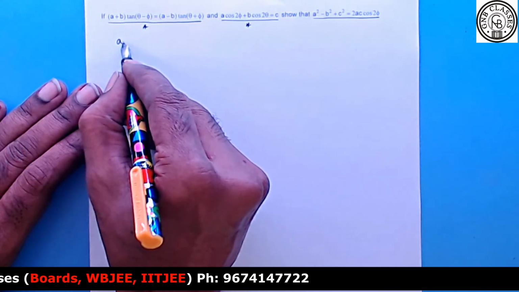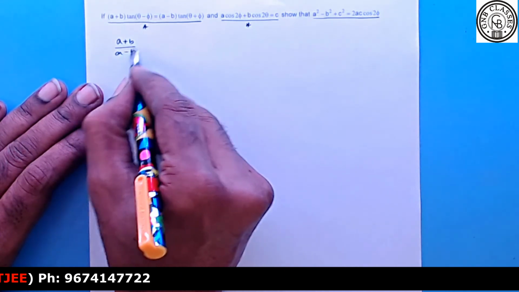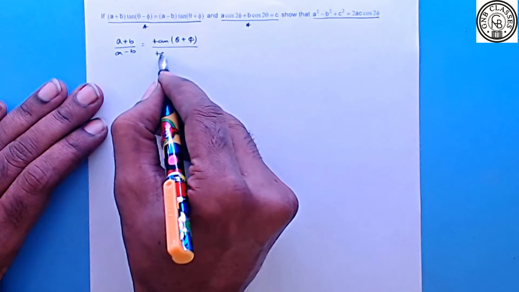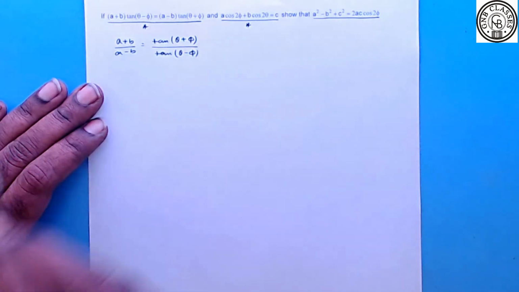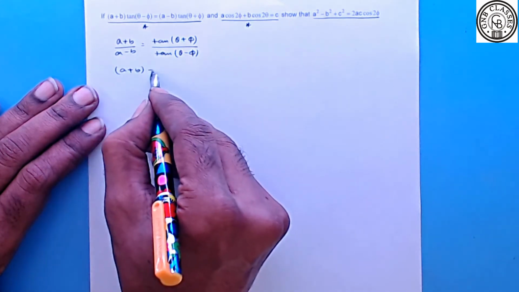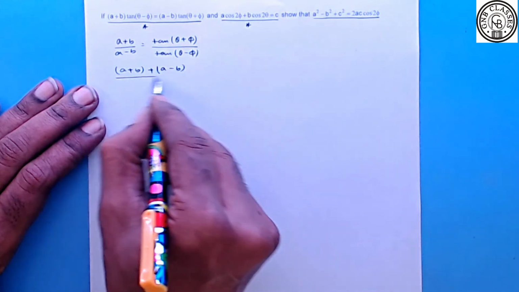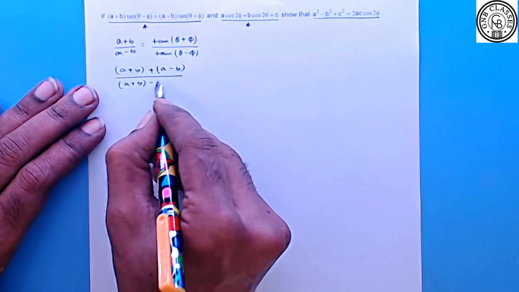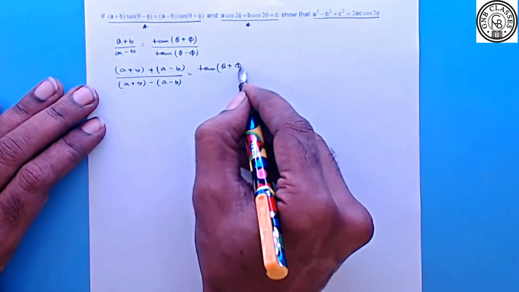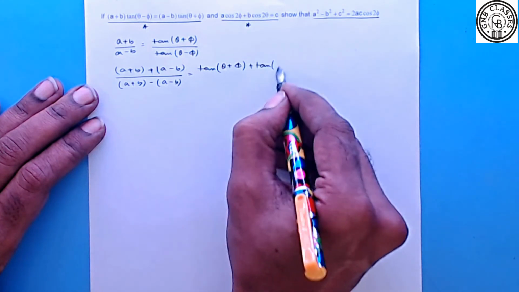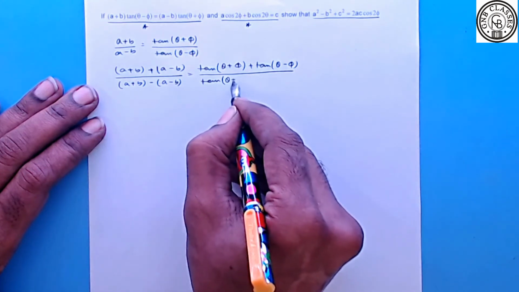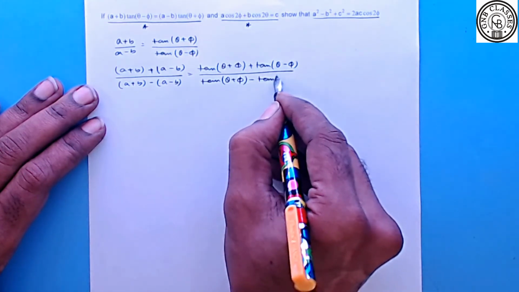From the first equation we can write, now simply by applying componendo and dividendo we get, on the right hand side, tan (theta plus phi) plus tan (theta minus phi) divided by tan (theta plus phi) minus tan (theta minus phi).